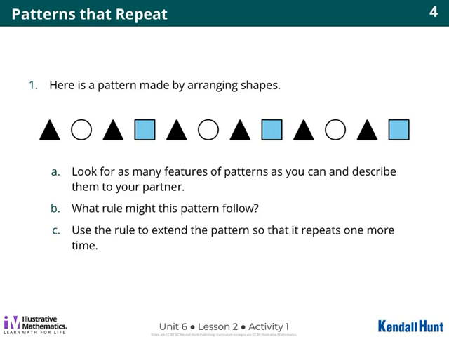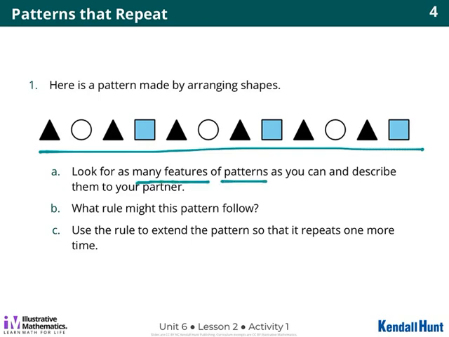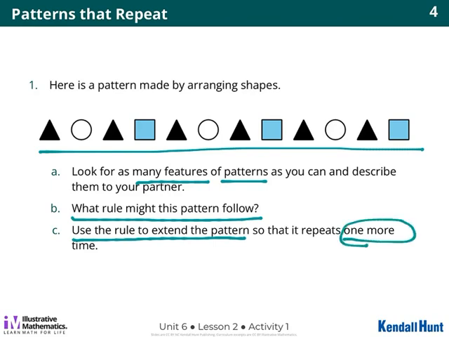Okay, so here is a pattern made by arranging shapes. So for number 1, you're going to work with your math partner, and you're going to look at these shapes, right? And you're going to look for as many features of patterns as you can and describe them to your partner. What rule might this pattern follow? You're going to come up with a rule and then use the rule to extend the pattern so that it repeats one more time.